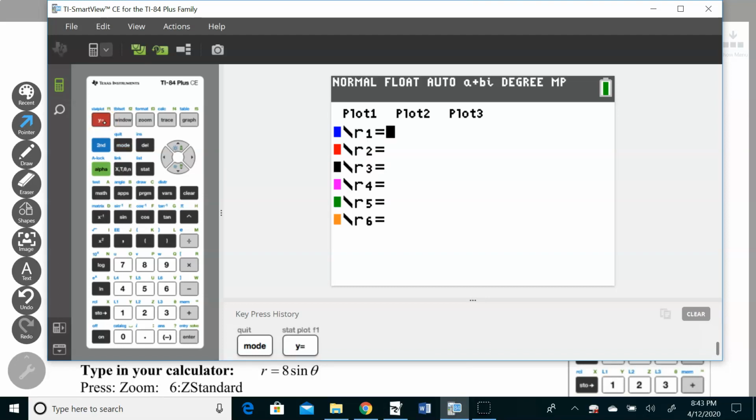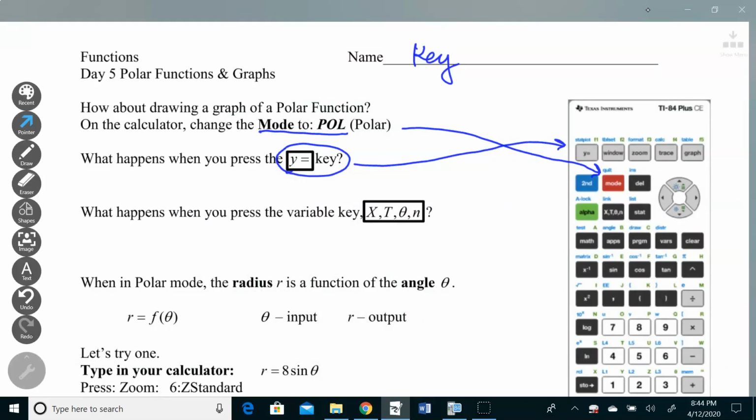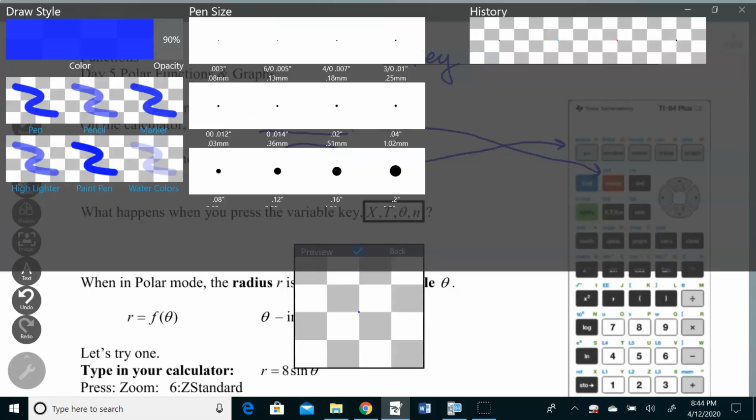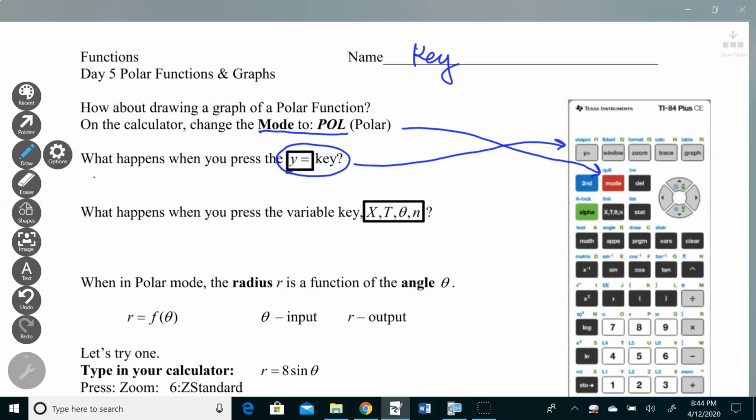I don't see y equals any longer. I see r equals, because we're in polar mode and our equations are going to be r equals. So let's write this out. What happens when I do this? I get r equals something, not y equals.